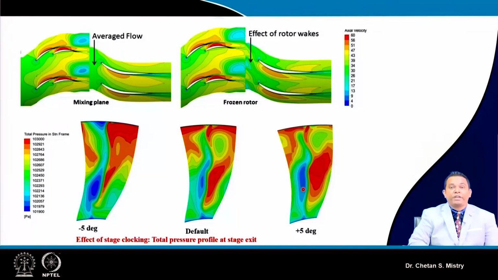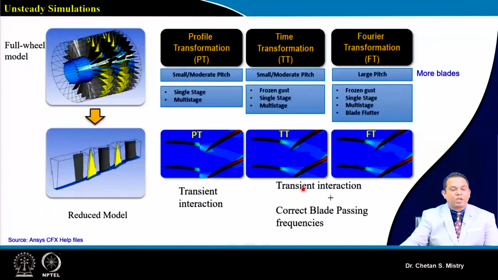So we need to be very careful when we are selecting between the frozen rotor approach and the mixing plane approach. As and when you are doing analysis, we need to be careful about which approach we select. What is our interest? Basically, all the things that are coming are what we want to analyze. Based on that we need to use different approaches.